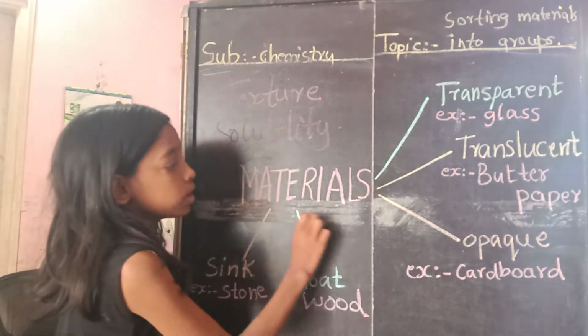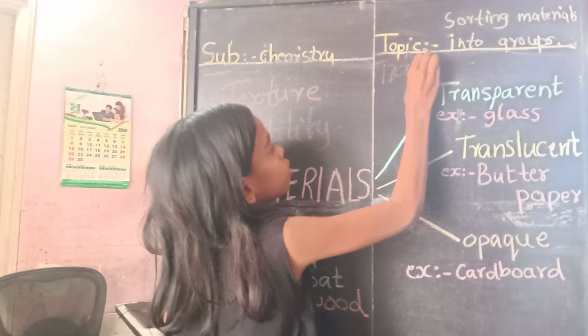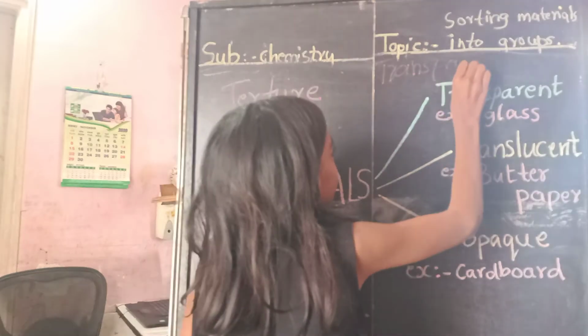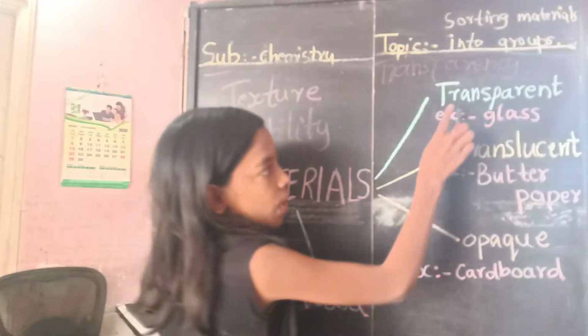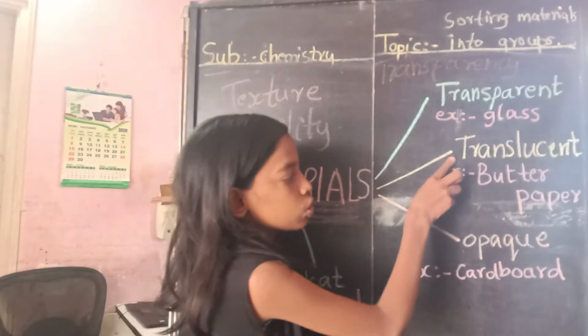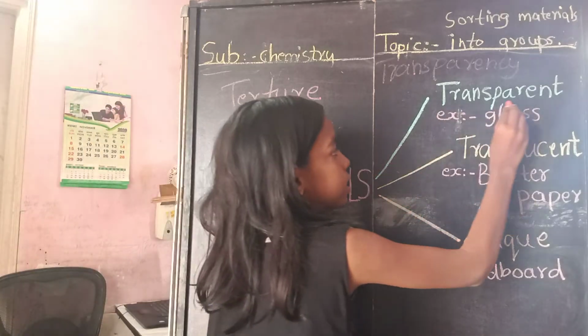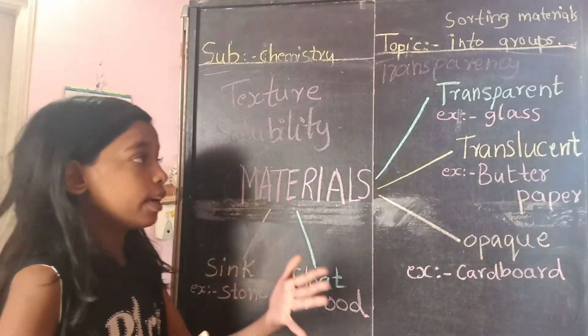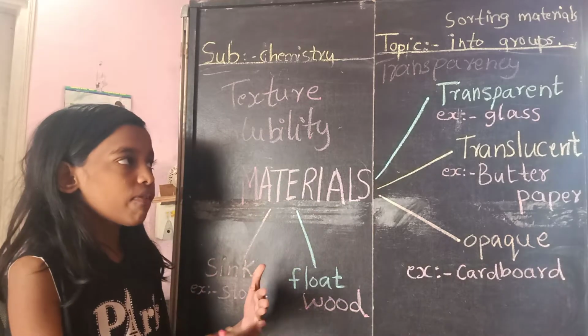So materials based on their transparency, we have three types: transparent, translucent and opaque. Transparent is the object in which all the light can pass through.